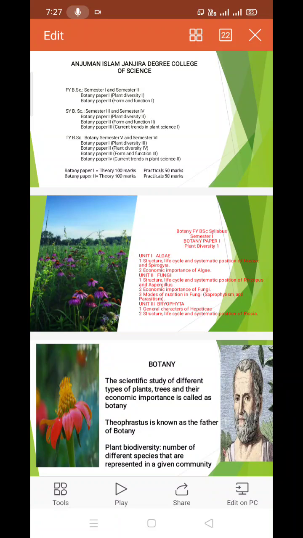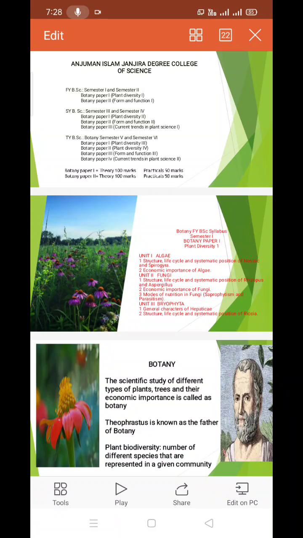In SYBSc, botany has 3 papers. Botany first is on plant diversity second, botany second is on form and function second, and botany third is on current trends in plant sciences first.